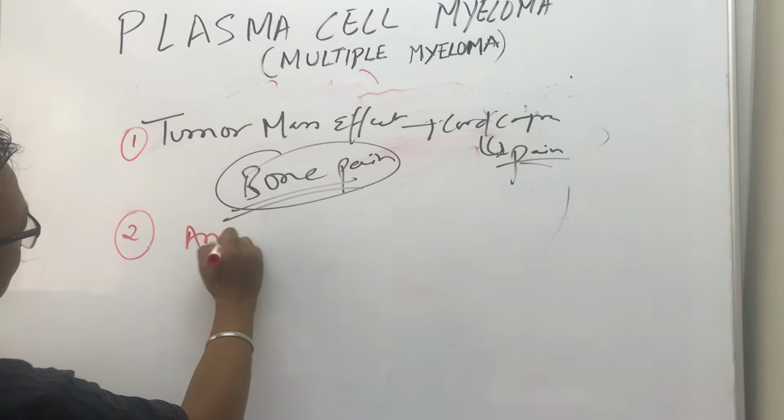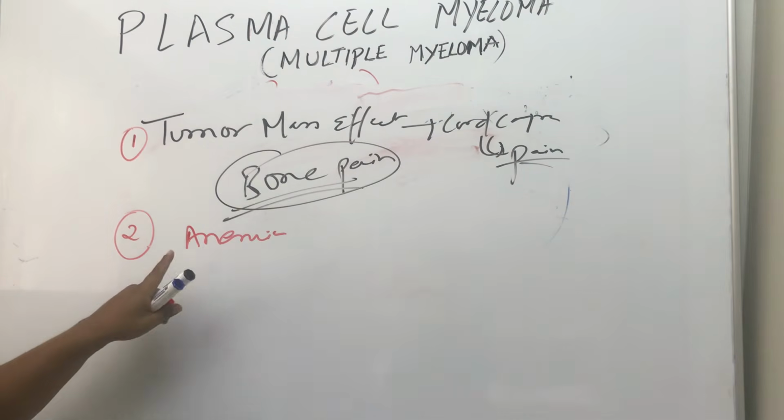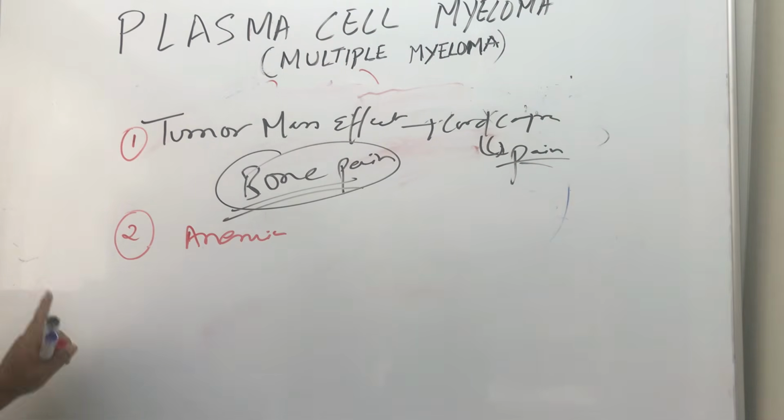Anemia is the thing that we discussed, because of cytokines and chemokines.